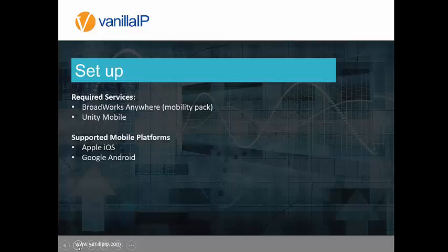So in the new world, a user with mobility and Unity Mobile, and you're good to go. As it stands, Unity is supported on iOS and Android. User experience is pretty much identical, although the interface is slightly different. But you will have a similar experience whether it's on iOS or on Android, as I've demonstrated it today.